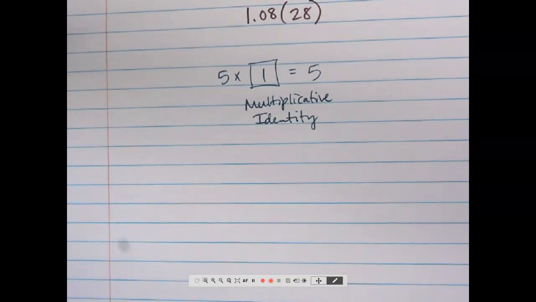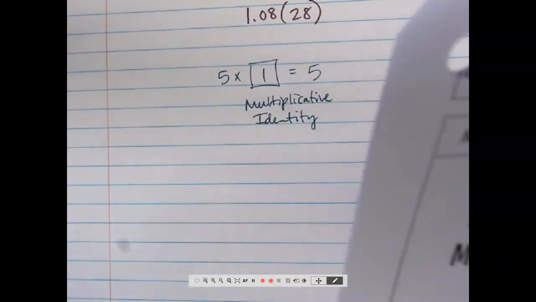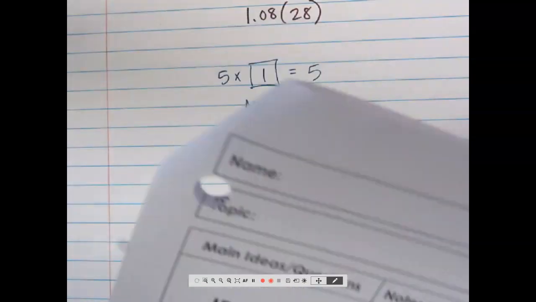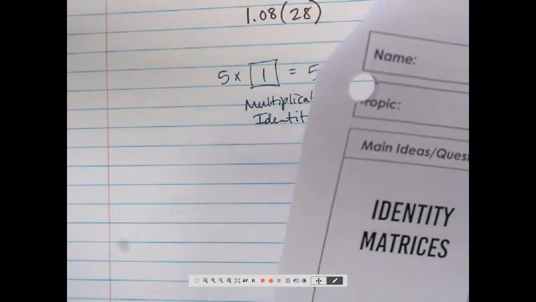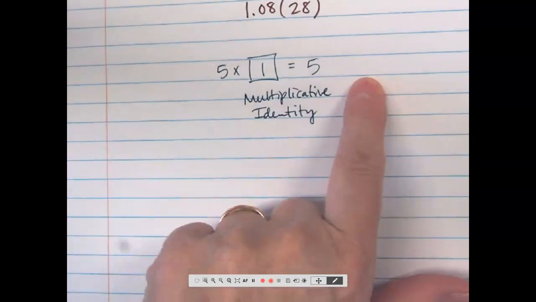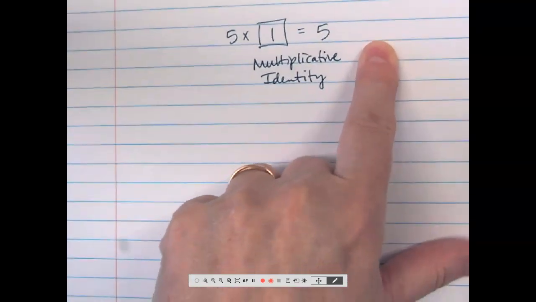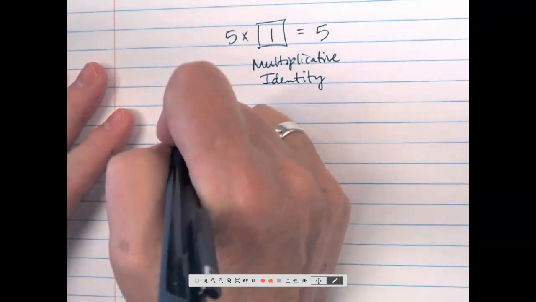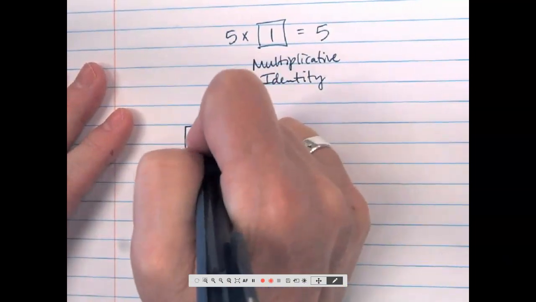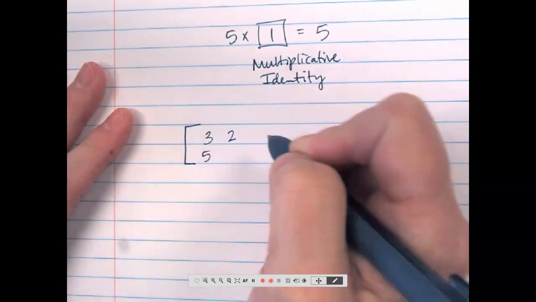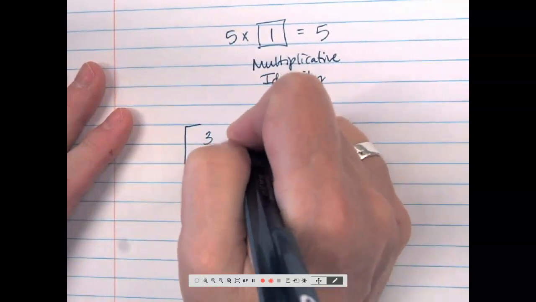Okay, there is a matrix that works the same way. If I had a 2 by 2 matrix, what could I multiply it by to get that same matrix back? Let's just take a simple matrix. Let's say I had 3, 2, 5, 1.